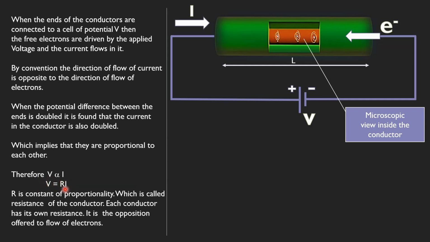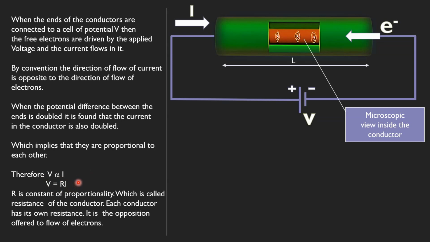But the statement of Ohm's law is not connected with this particular equation. This is one form of Ohm's law, but it is not the equation which connects the statement of Ohm's law.